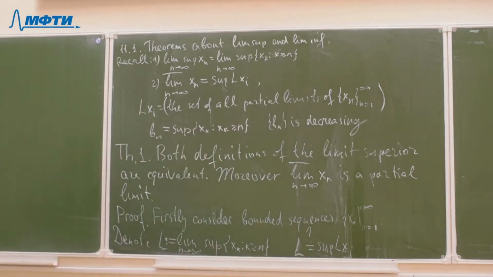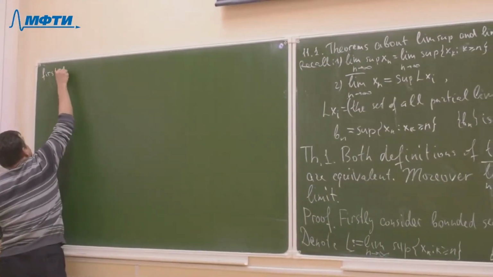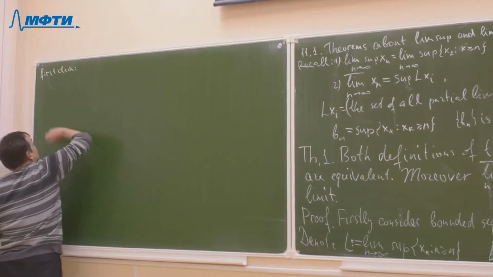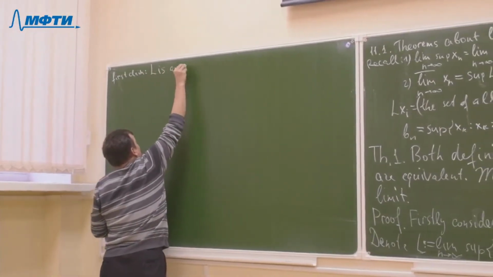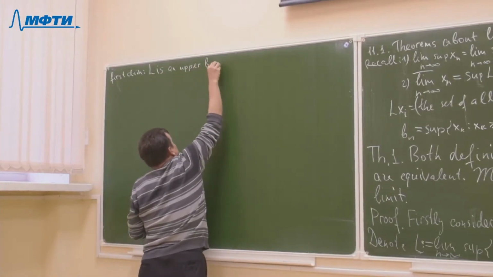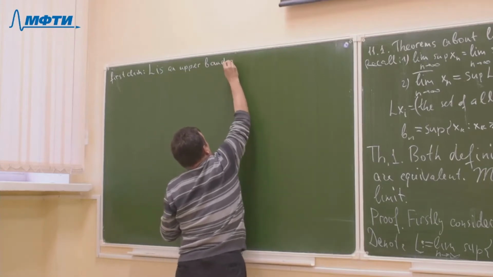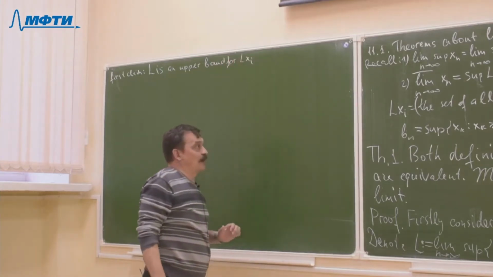So first claim is that L is an upper bound for the set of all partial limits.